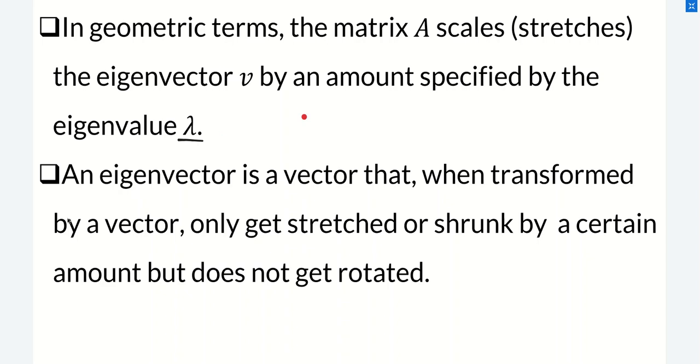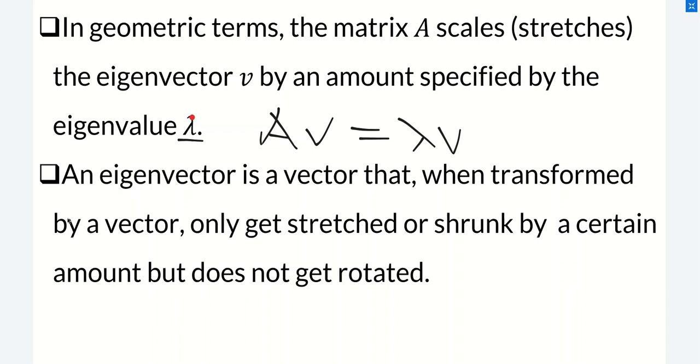So when A acts on that vector, you end up getting a scaled version of the same vector, and that scaled version is determined by the eigenvalue. So the eigenvalue tells us how much it is scaled or how much it shrunk.